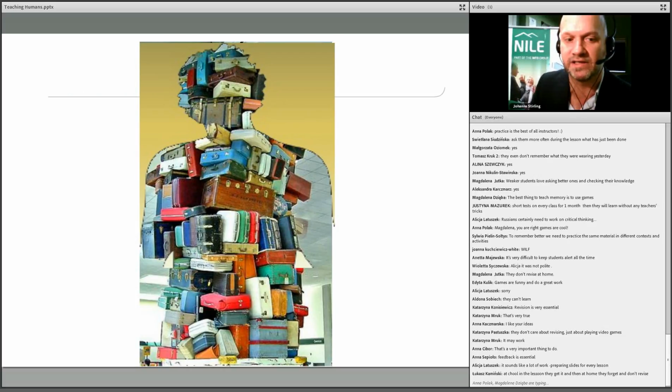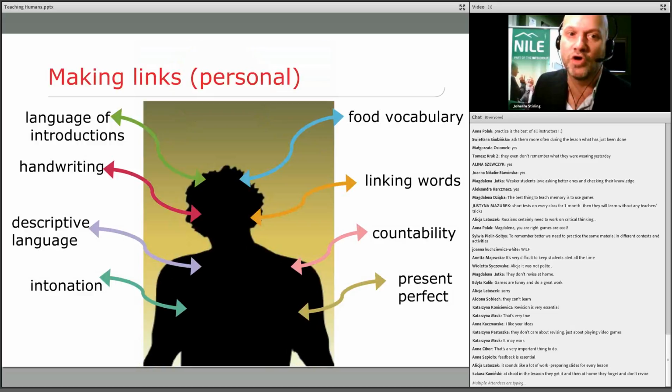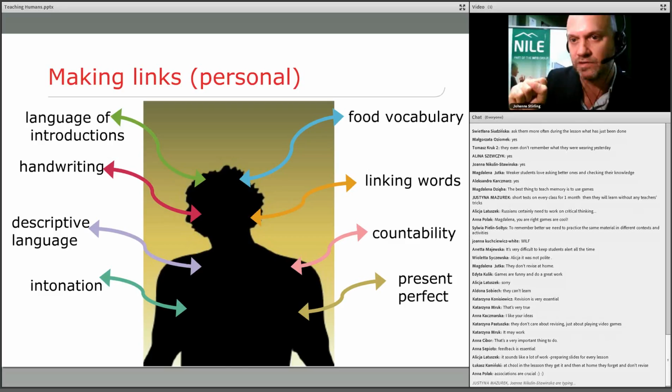The experiences, the knowledge, the skills, right? So we are trying to connect the input to the existing memories, the existing knowledge, the existing skills, right?